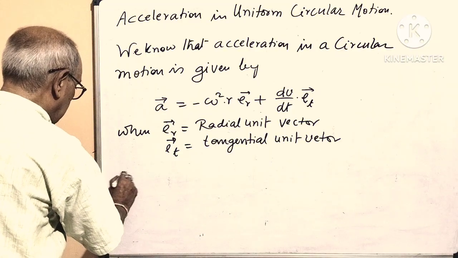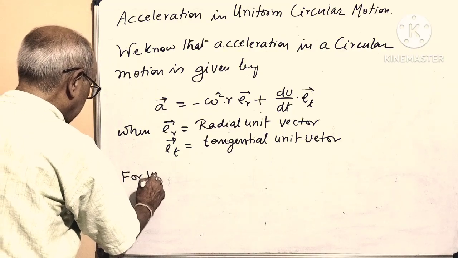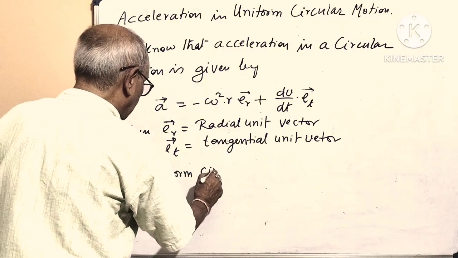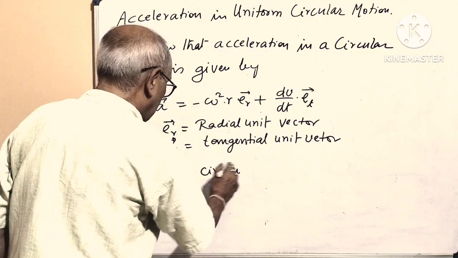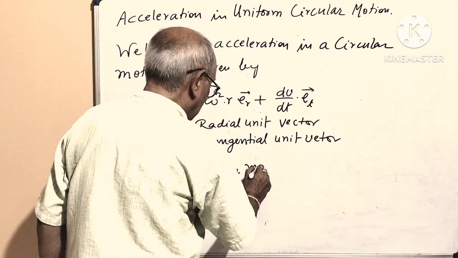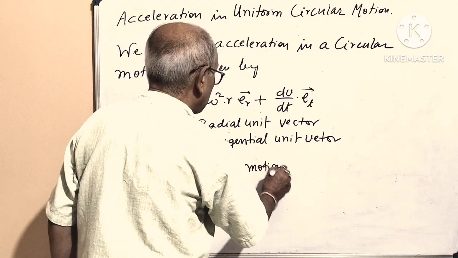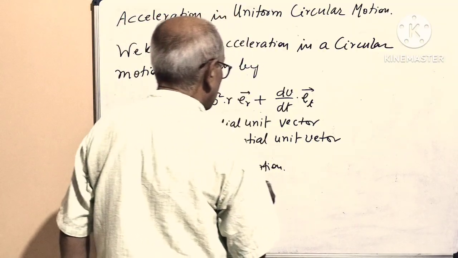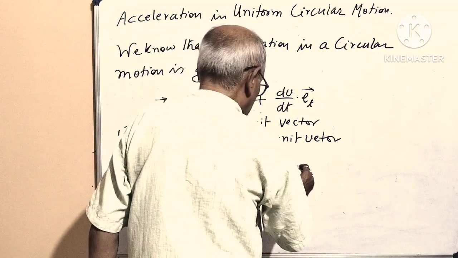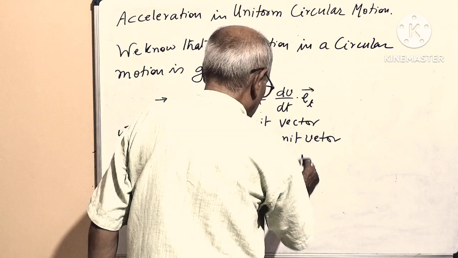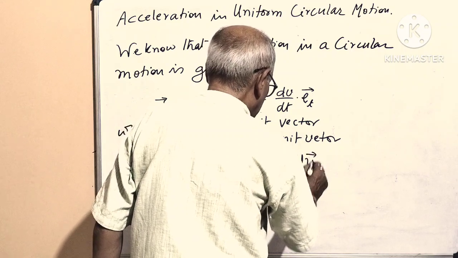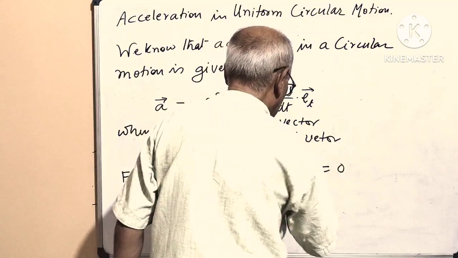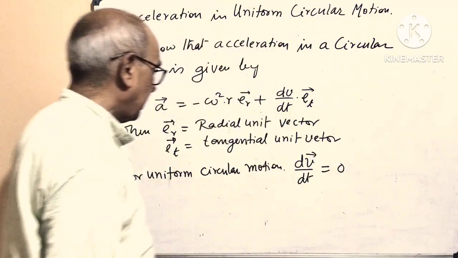Now, for uniform circular motion, dv by dt is equal to 0.